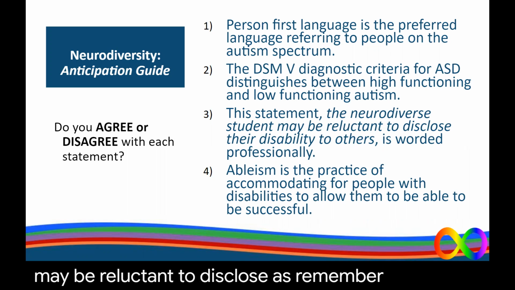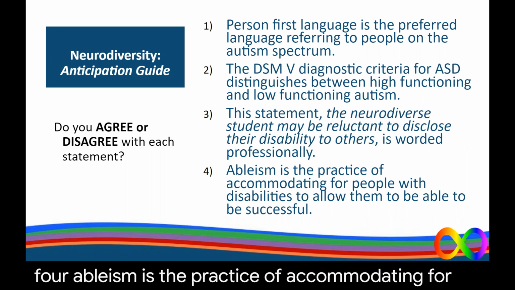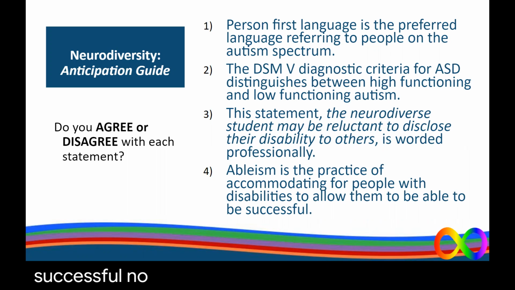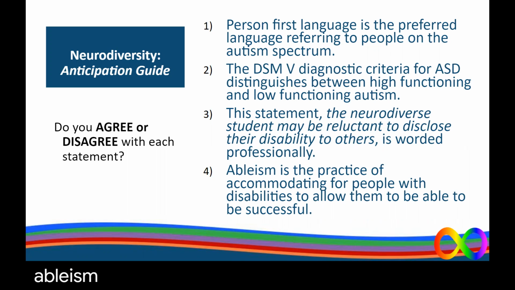As remember, one person cannot be neurodiverse. And finally, number four, ableism is the practice of accommodating for people with disabilities to allow them to be successful. No, that is completely incorrect, and ableism is discrimination against people with disabilities.